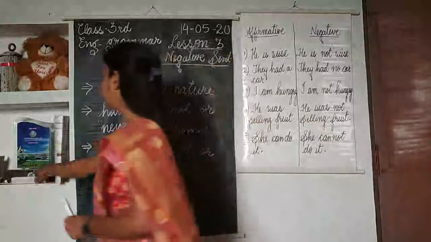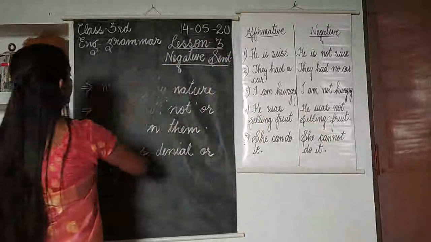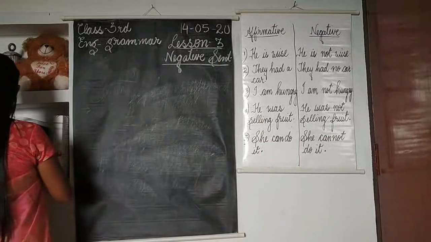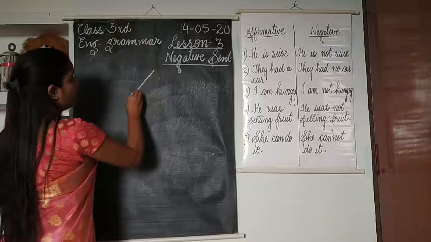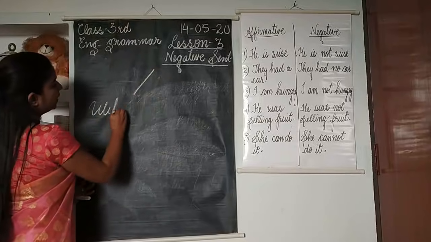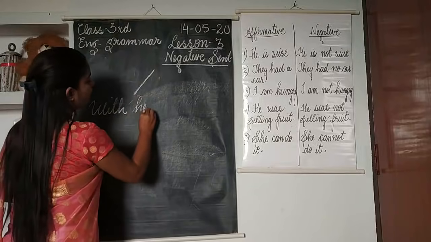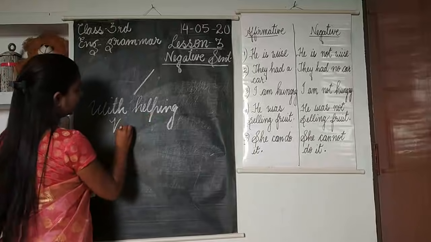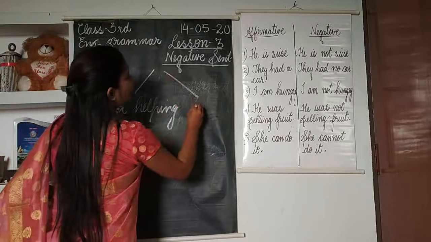You will categorize the sentences into two: sentences with a helping verb and sentences without a helping verb.